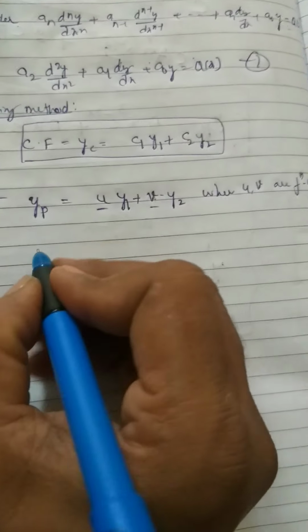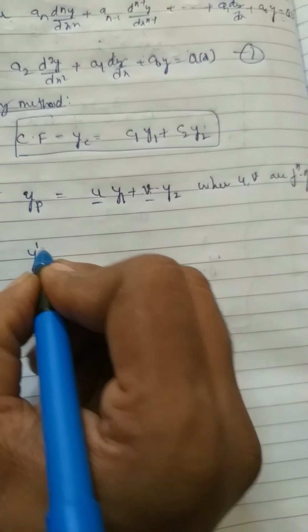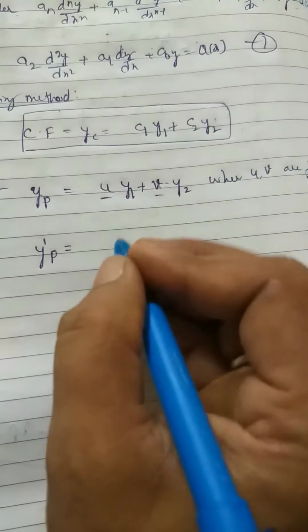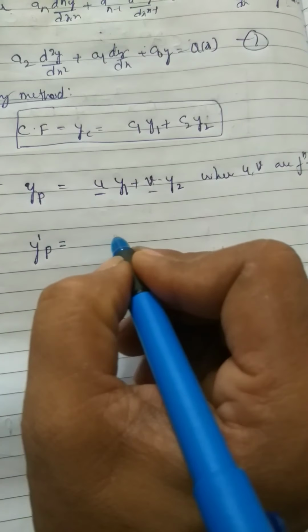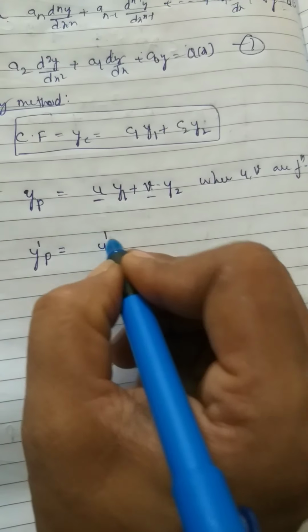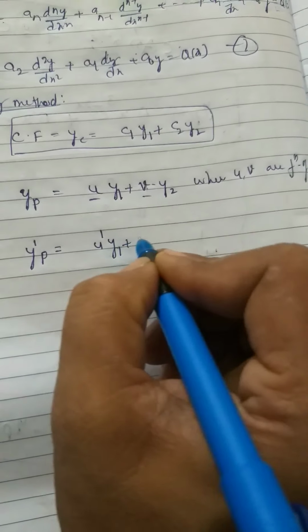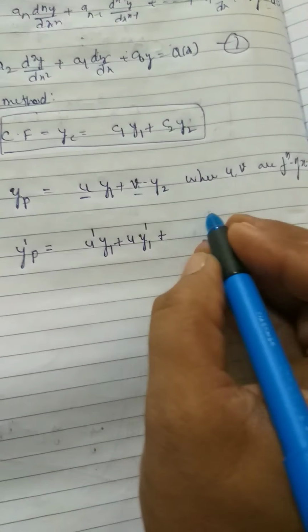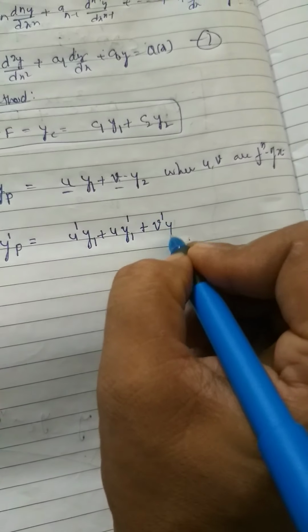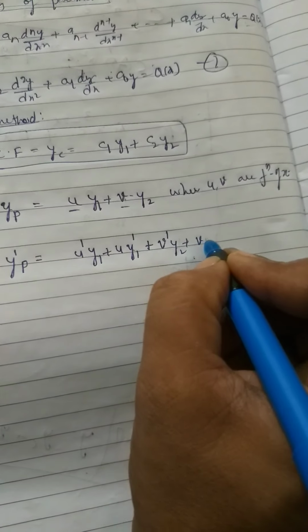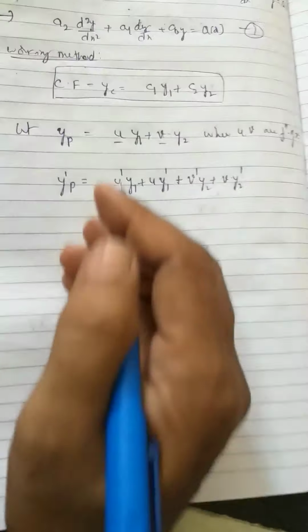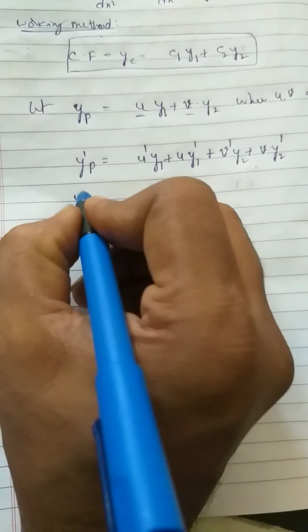Now to get this, first of all we have to differentiate. We have to find y dash p. This is u dash y1 plus u y1 dash, similarly v dash y2 plus v y2 dash. After getting this, again you have to find y double dash p.